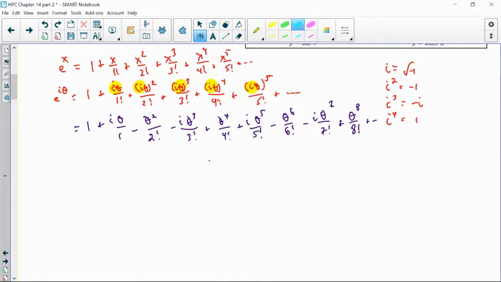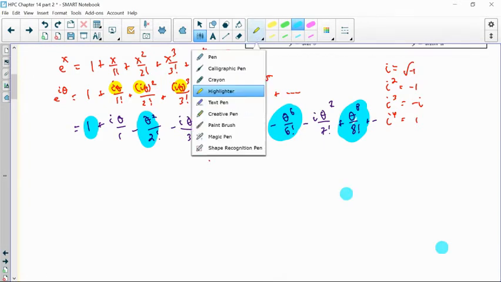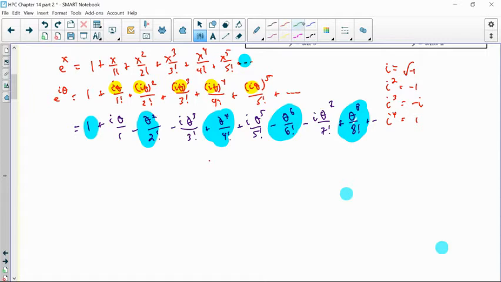So what are the real components? 1 minus theta squared over 2 factorial plus theta to the 4th power over 4 factorial minus theta to the 6th power over 6 factorial plus theta to the 8th power over 8 factorial. What do we see here? Well, that's why we have our other two friends up there.